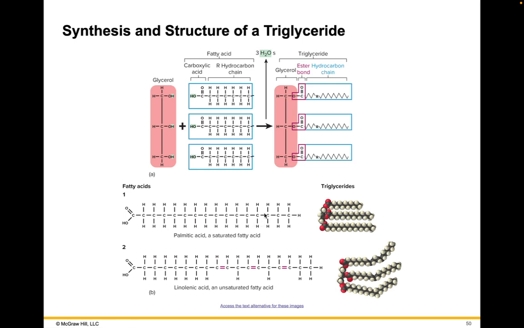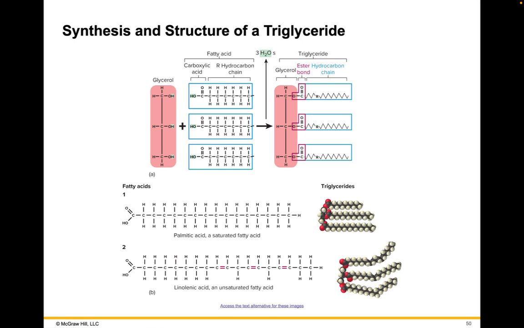Only single covalent bonds around these carbons, in between these carbons. So straight chains, single bonds only, saturated, solid at room temp. When you have oil or fat, really not oil, but when you have fat, it's solid at room temp.